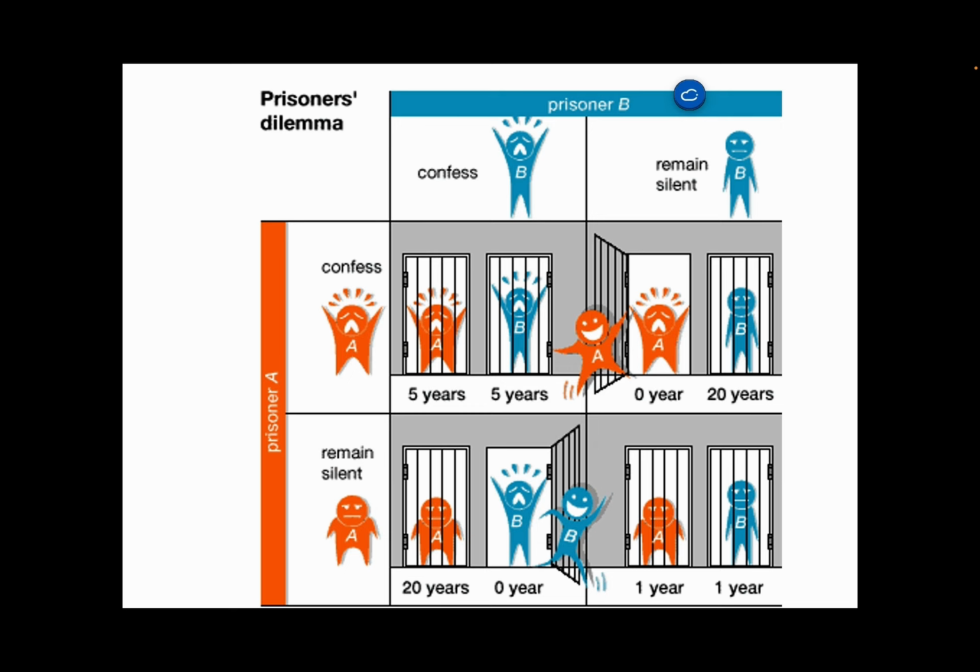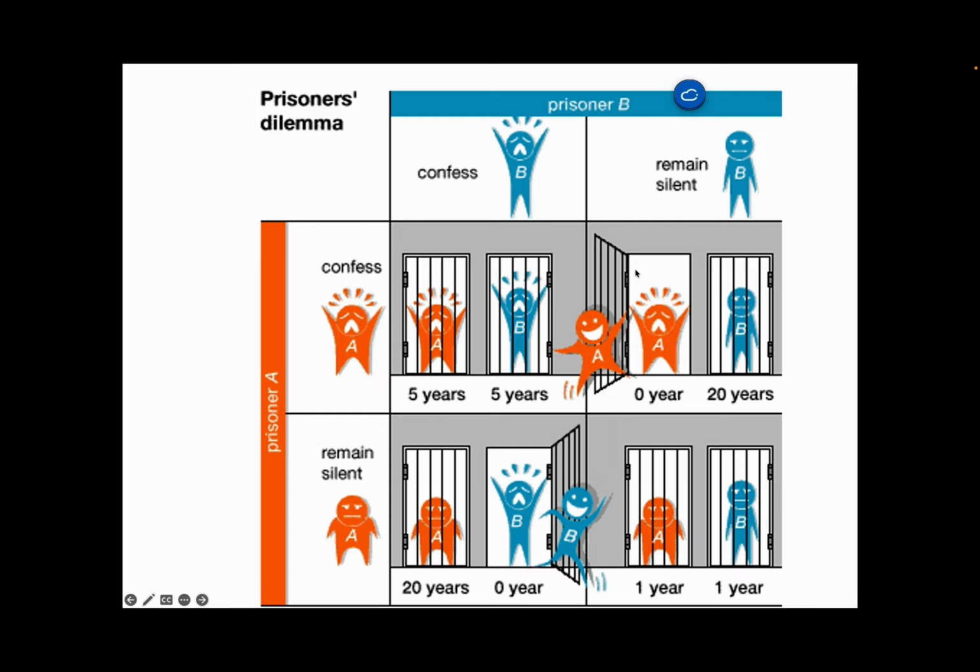And again, we have this payoff matrix where, in this case, we can think of confessing as being the more selfish thing, and remaining silent as being the way to protect your partner, the way to help your partner.